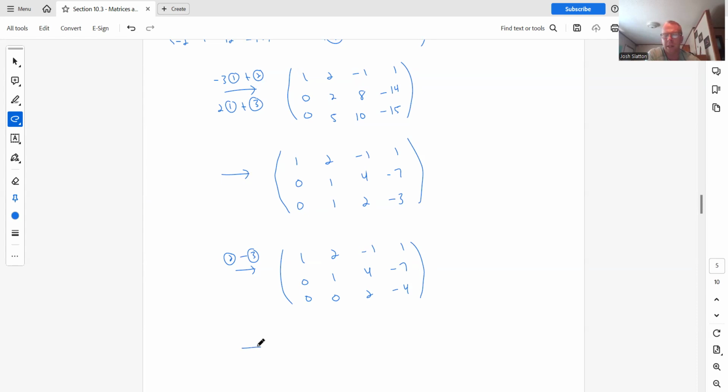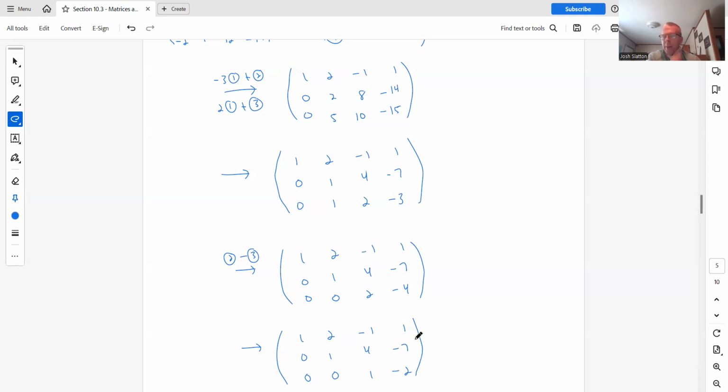And then to get all the way to row echelon form, we need a 1 there, so we're going to divide the third row by 2. Leave the first two rows alone, and we get 0, 0, 1, -2 on the third row.